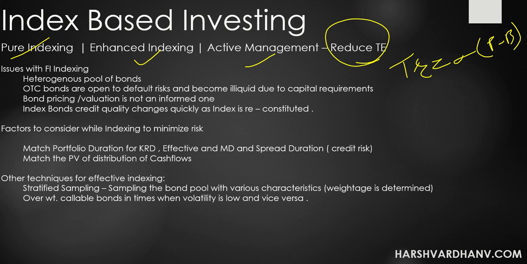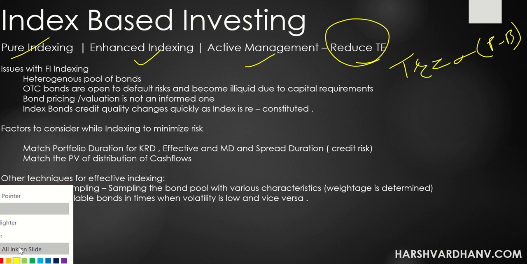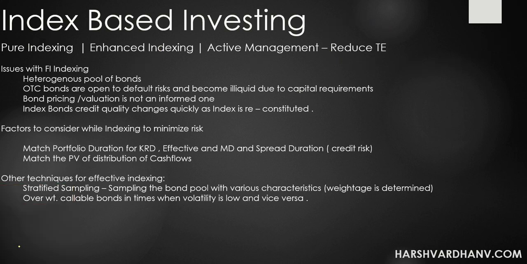So there are some issues with fixed income indexing. Like we all are familiar with indexes, right? S&P 500 or Dow Jones, Nasdaq, and so on. These indexes are very easy to understand, easy to replicate, and everything. But with fixed income, there are multiple different problems. Every bond is different, so the nature of bonds is heterogeneous. With equity, almost every equity is the same for the issuer.